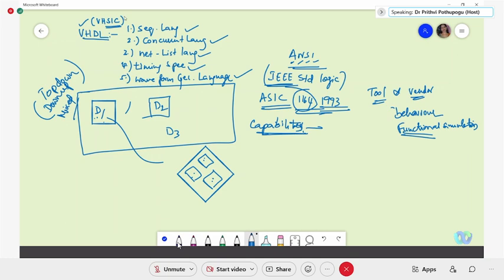What other types it can support is that both synchronous and asynchronous types of inputs you can give. And you can define FSMs, you can define ASMs, and you can define simple Boolean equations.